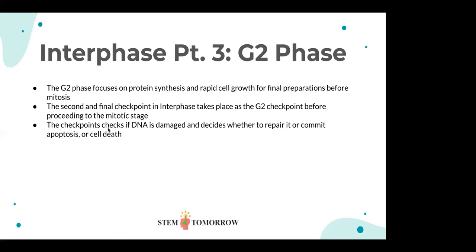And the checkpoint checks if the DNA is damaged and decides whether to repair or commit apoptosis, which means just programmed cell death. So, like the first checkpoint, it takes care and checks to make sure it has all the different parts needed for it. But the G2 checkpoint makes sure it has all the genetic information for the new cells.